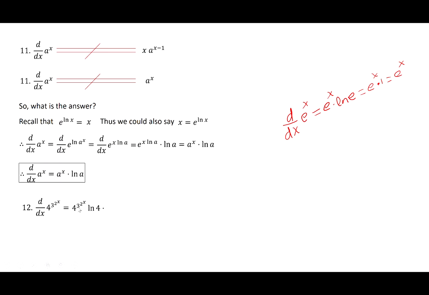We need to find the derivative of 3 to the u1. Well, the derivative is 3 to the u1 natural log of 3. u1 is 2 to the x. Times the derivative of u1, which is 2 to the x. So the derivative of 2 to the x. What's the derivative of 2 to the x? That looks like a to the x. So 2 to the x times natural log of 2.